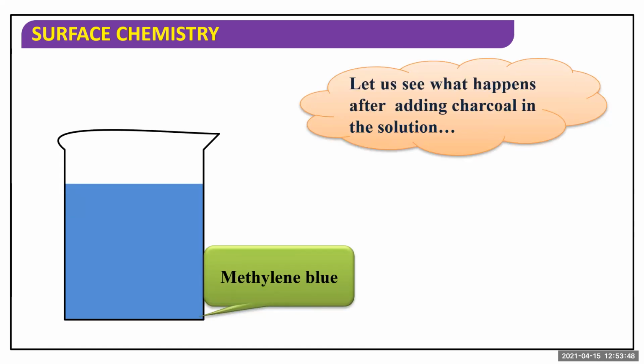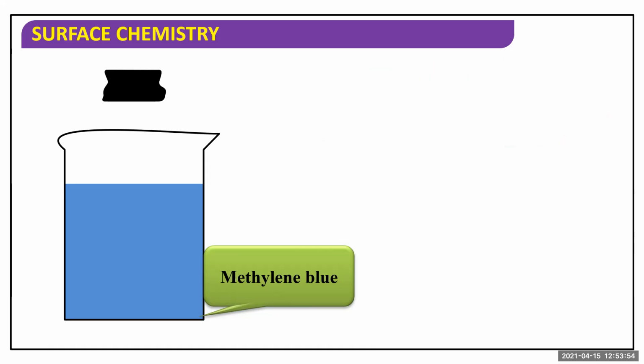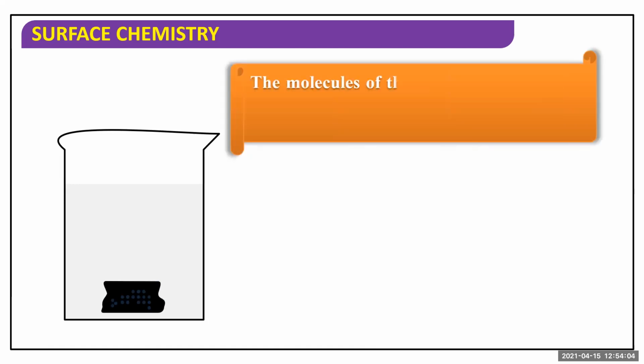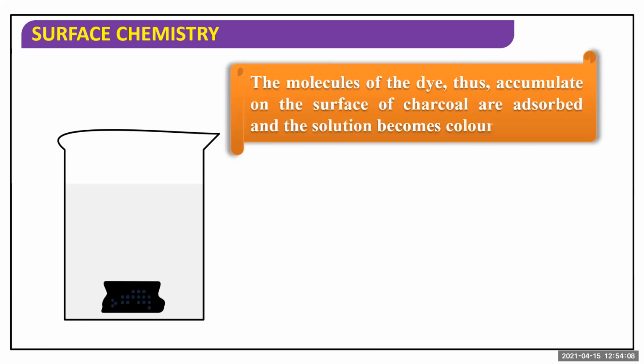Let us see what happens after adding charcoal to the solution. This methylene blue is adsorbed. The molecules of the dye thus accumulate on the surface of charcoal, are adsorbed, and the solution becomes colorless.